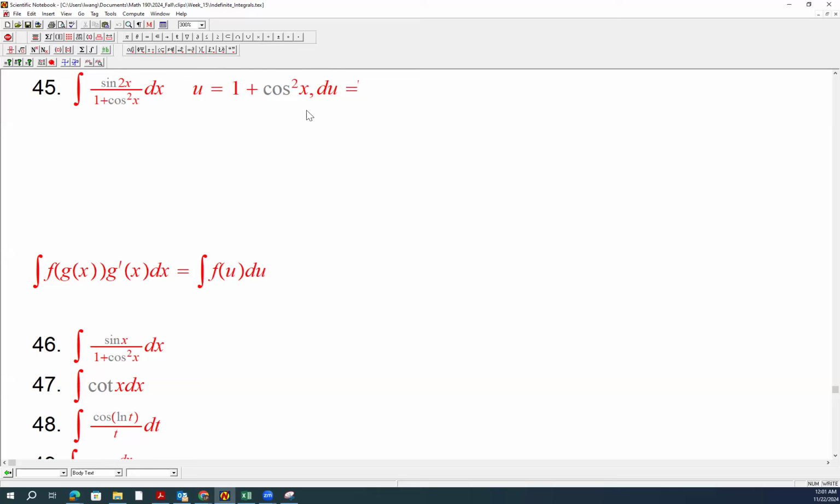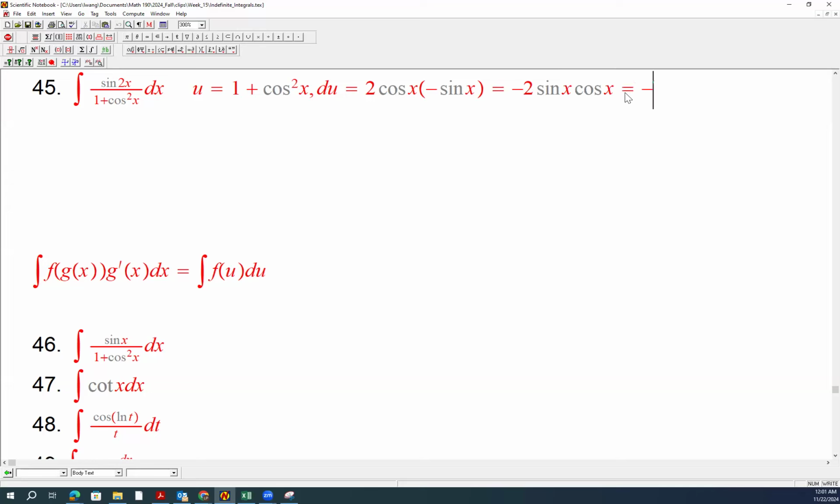Okay, so derivative. It's 2 times cosine x, and negative sine x, because the derivative of cosine is negative sine. So this will give us negative 2 times sine x cosine x. 2 times sine x cosine x, that's sine 2x.